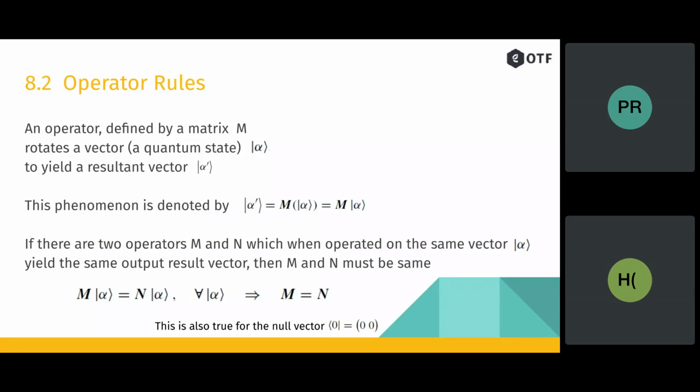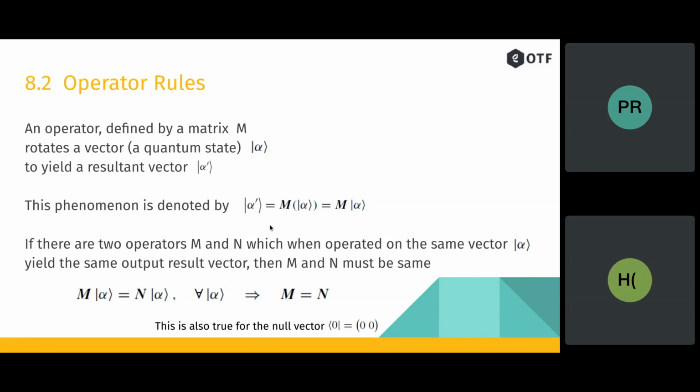If you have a matrix M and it rotates a ket vector, say ket alpha, and results in a vector which is the ket alpha prime vector.